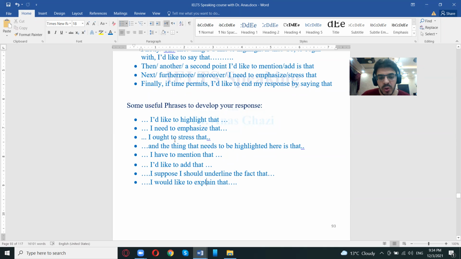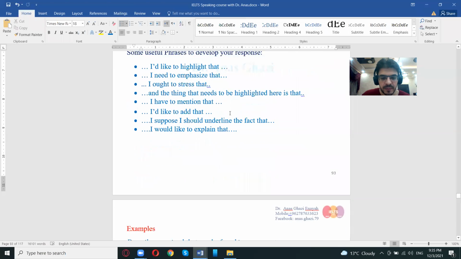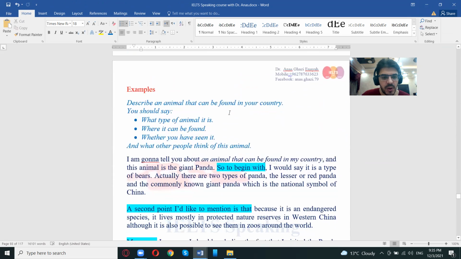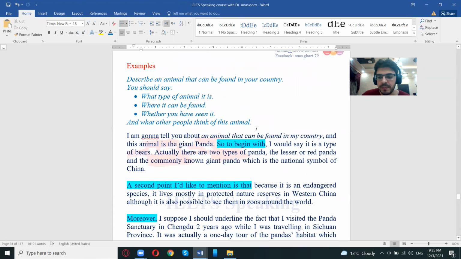I ought to, I suppose I should. Just try to choose 4 sentences and stick to them. This will help you and reduce the stress or pressure of finding sentences during your response. Okay, so any question, guys, before we look at the first example?